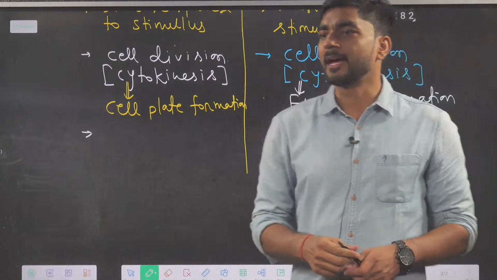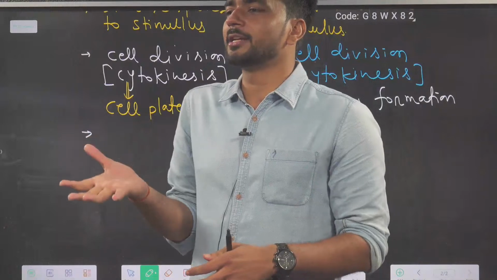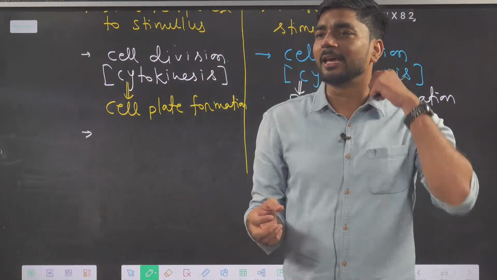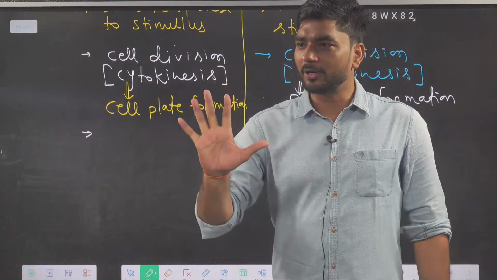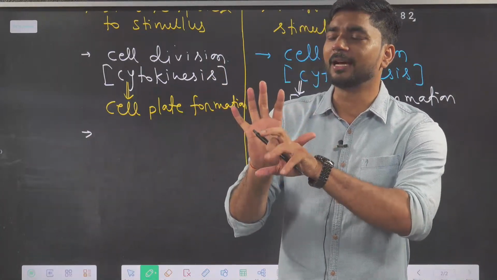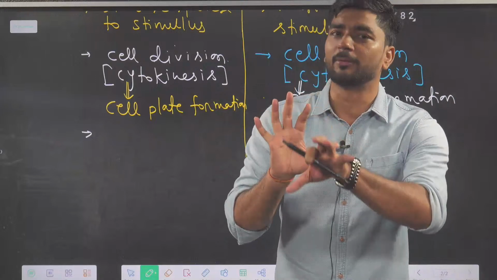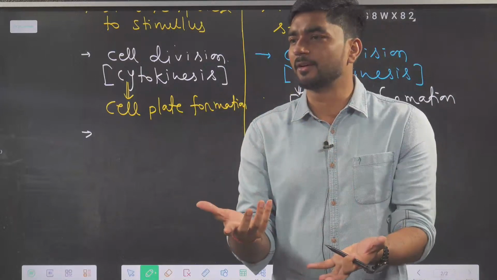Centrioles. The animal cells are having the centrioles, and centriole is like a Spider-Man. So whenever the centriole will put their hand like this, a lot more strings will come out. And those strings are nothing but the spindle fiber. And that is known as asters, or we can say astral rays are formed.